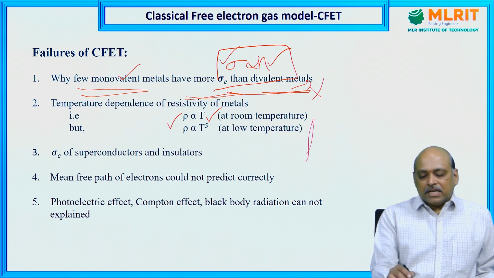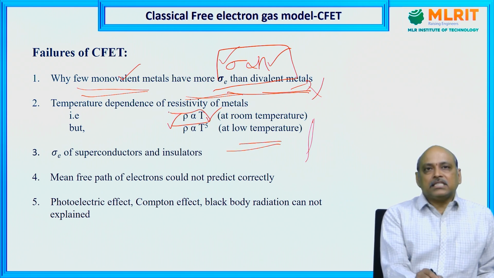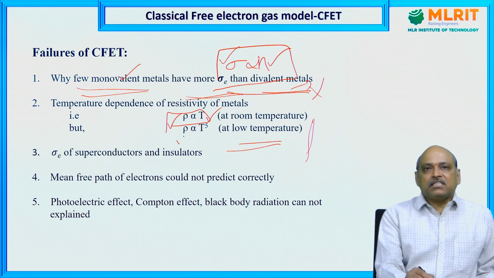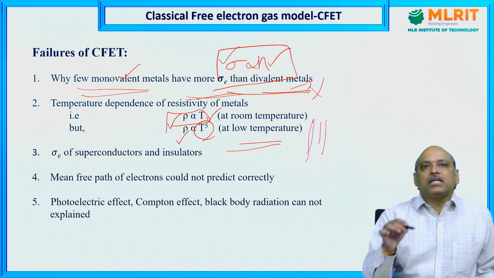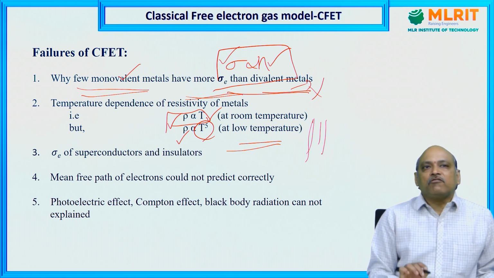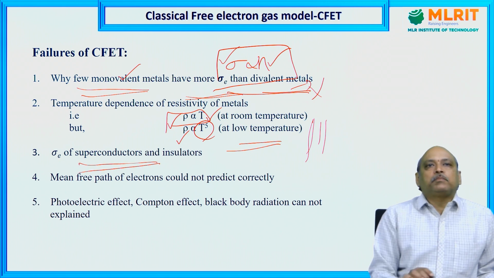But at low temperatures, the same relation is not applicable. There the resistivity is directly proportional to T to the power 5 in metals. Why this happens, this theory could not explain. That is another failure of this theory. And by using this theory, we cannot explain a phenomenon called superconductivity.